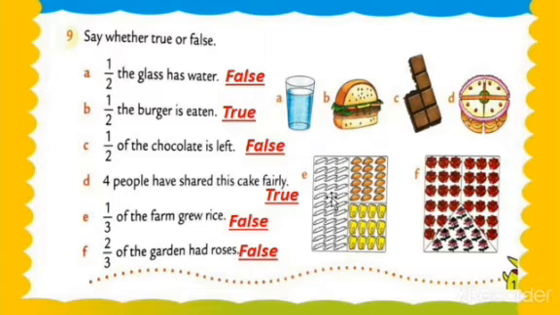Now we move on to question number 4. So dear students, question number 4 is what? 4 people share this cake equally. Okay, see this 1, 2, 3 and 4. So we have exactly 4 pieces. So what to do, my dear students? That time we share it equally in 4 pieces.